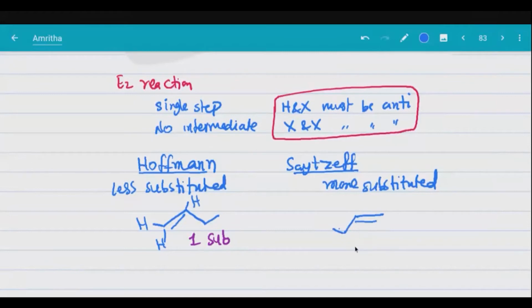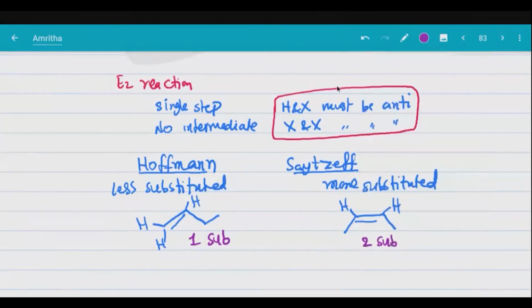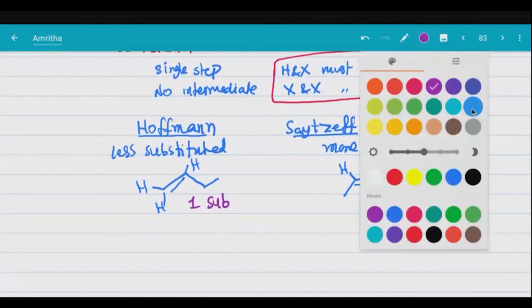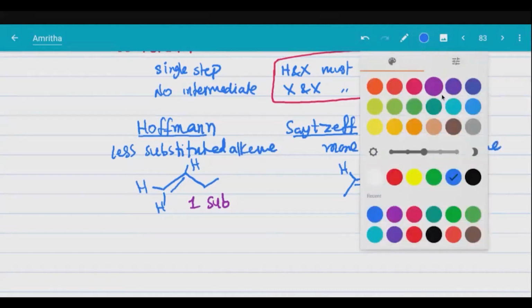Second, 2 butene. But see here how many substituents are there? 2 substituents. Now, Hofmann product means less substituted alkene. It is alkene, elimination alkene is formed, right? This is also alkene. More substituted alkene is Saytzev.